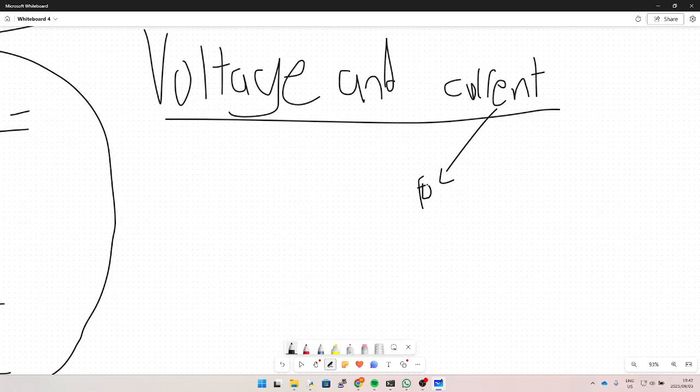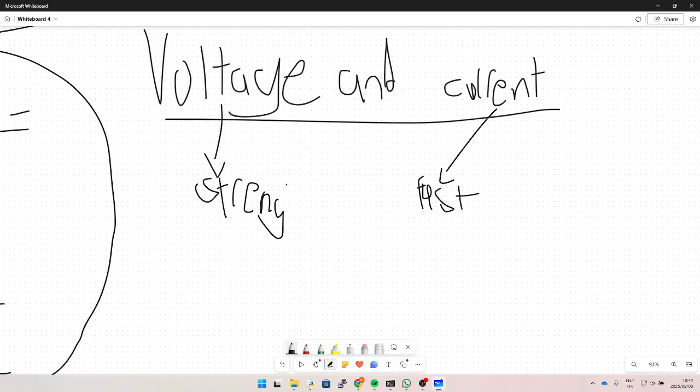How fast electricity flows. So when you measure current, you're measuring how quickly the electricity flows through the circuit. Voltage is how strong of a push it has. Now, let's say voltage is the strength of the current.